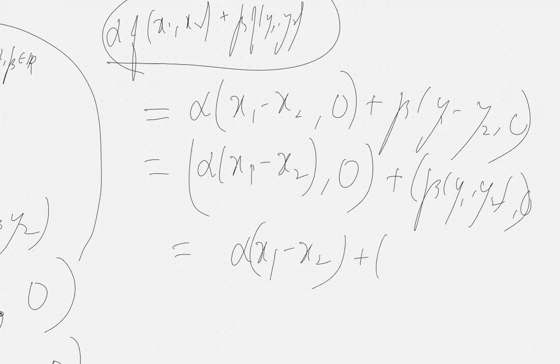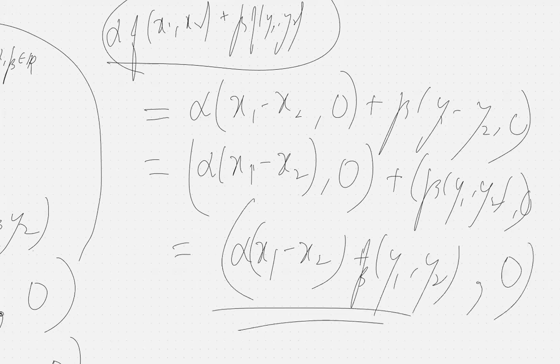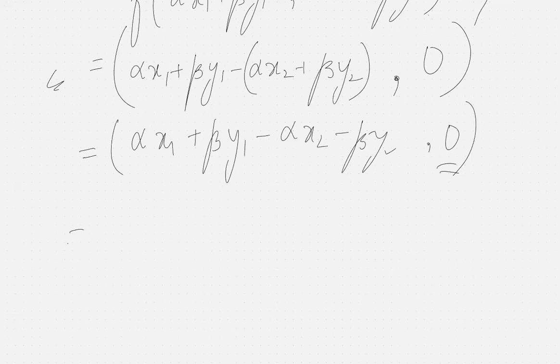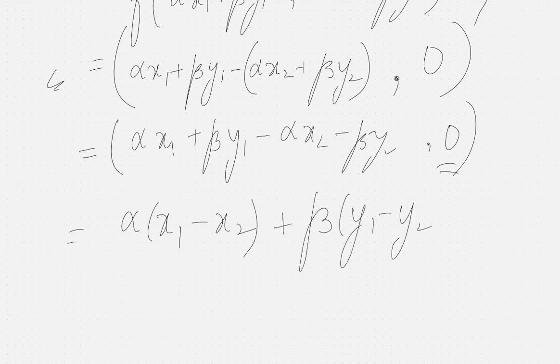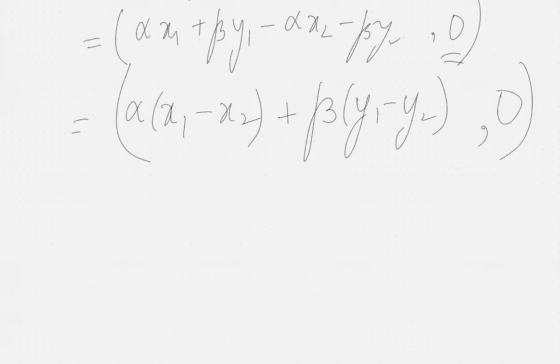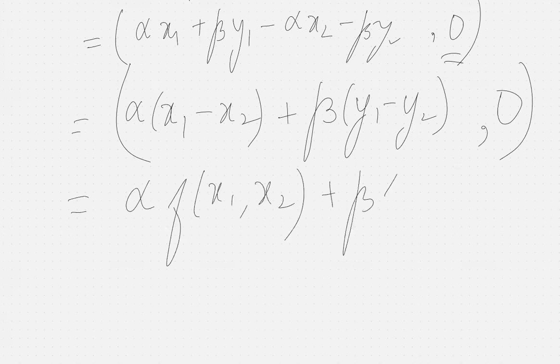We can see that our first term, the abscissa, should be this, and ordinate should be 0. We have got 0 for the ordinate, so we just need to rearrange the abscissa. When you take out alpha common, we are left with x1 minus x2, and if beta is taken out common, we are left with y1 minus y2 comma 0. x1 minus x2 is f of x1 comma x2 plus beta times f of y1 comma y2 comma 0.